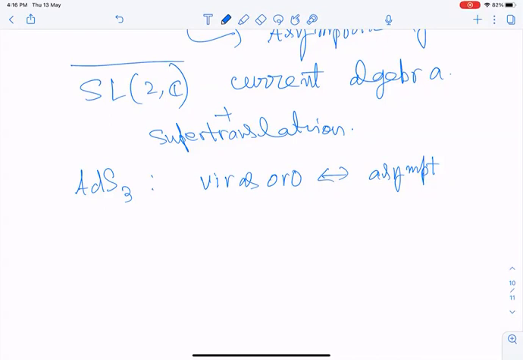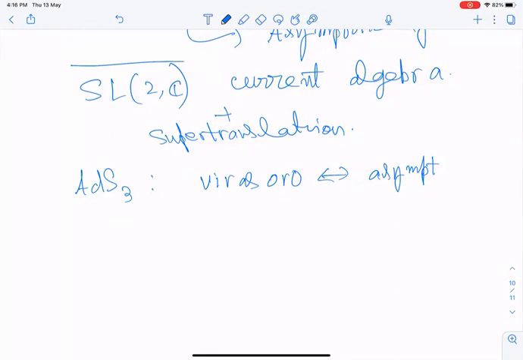That means this boundary theory which we have constructed is holographically dual to whatever is there in the bulk in asymptotically flat space-time. Okay, so that is roughly the thing that we'll do.